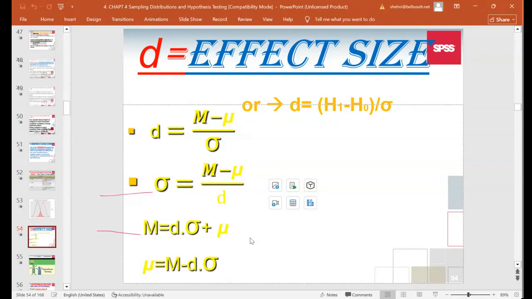Or the next one, calculate the sample mean. Again, I give you Cohen's d and the standard deviation, you multiply them plus mu, the IQ mean for the population. Or if you wanted to calculate the mean for the population, then it's the sample mean M minus Cohen's d times the standard deviation, whatever you get.